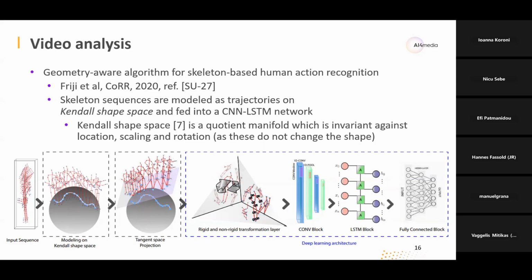It's actually a quotient manifold, which is invariant against location, scaling, and rotation. And of course, this makes very much sense because these are transformations which do not change the shape of, for example, the skeleton. Here is the overall workflow, but I won't go into details here.